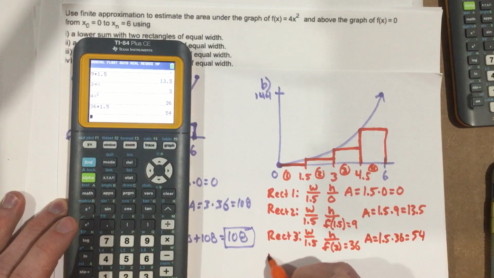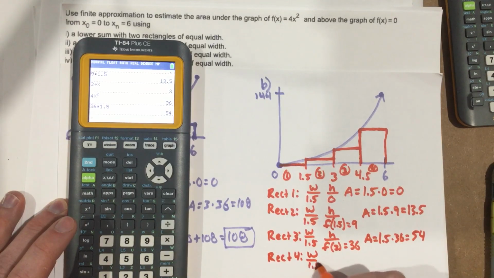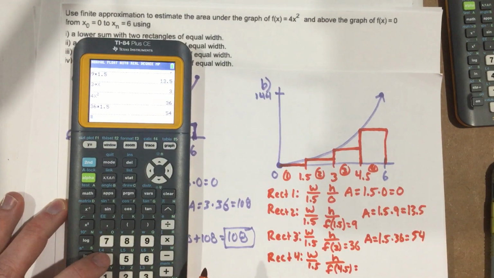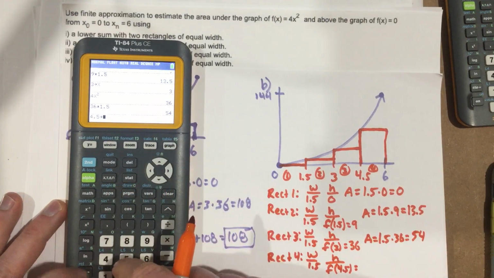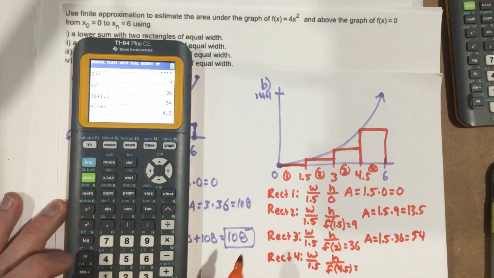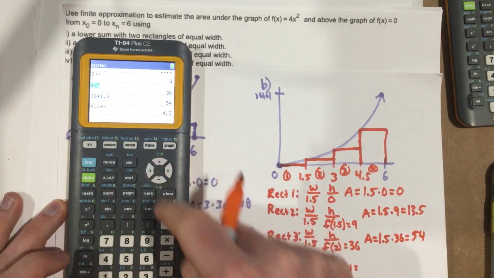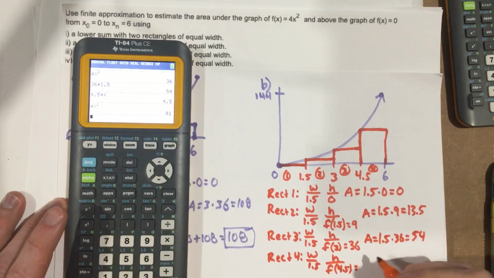So now we're going to do rectangle 4, and again the width is 1.5, the height is f of 4.5. If we take 4.5, store it as x, grab that function one more time, now we get 81.